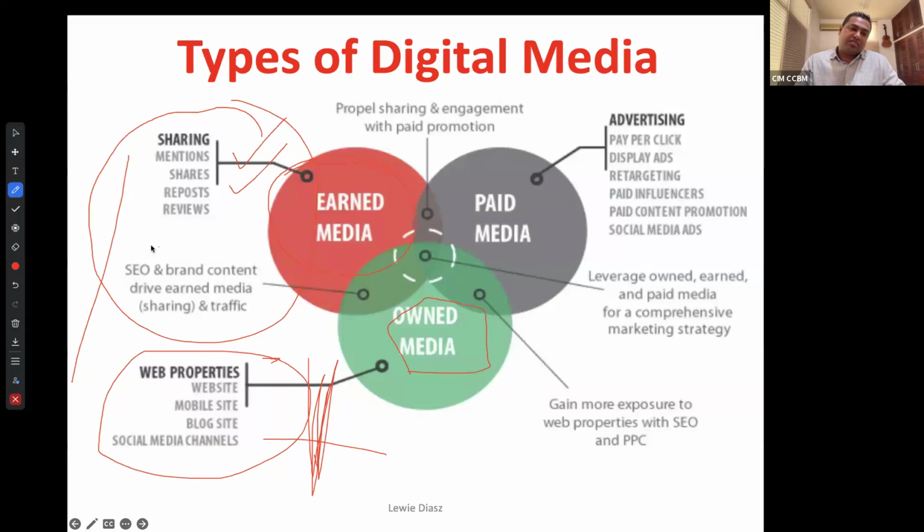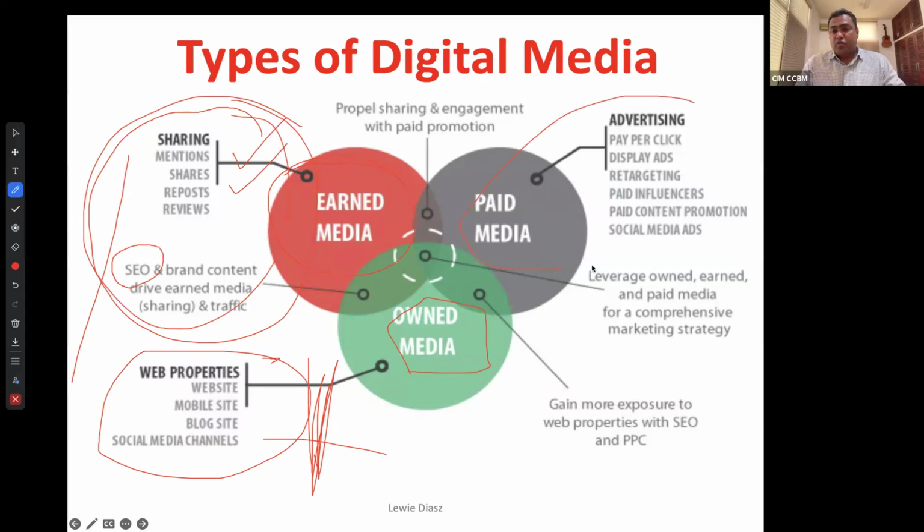And this sometimes will generate what we call search engine optimization on Google. Google has an algorithm where they, based on how many people search the keywords, your website gets optimized. Your social media channels get optimized. So it's earned media, free of charge.